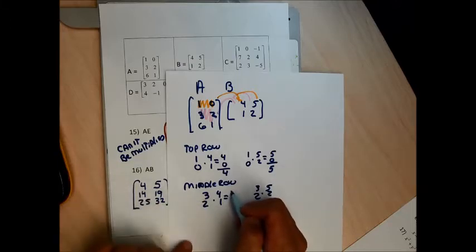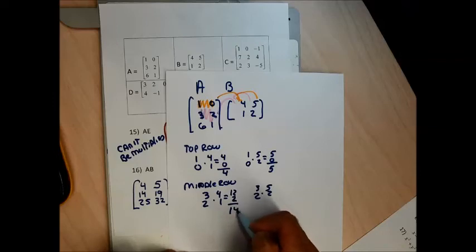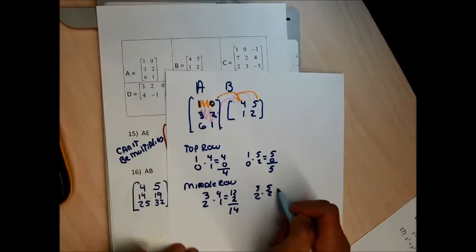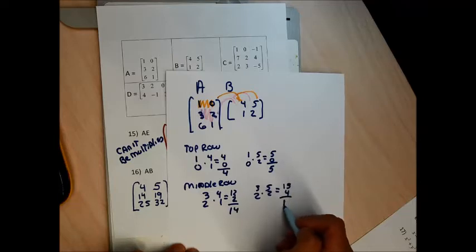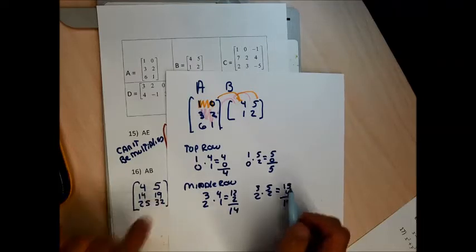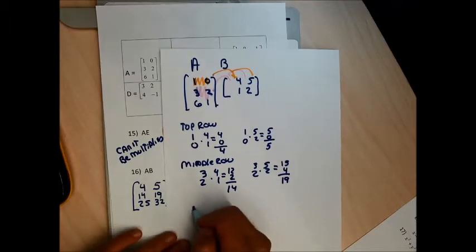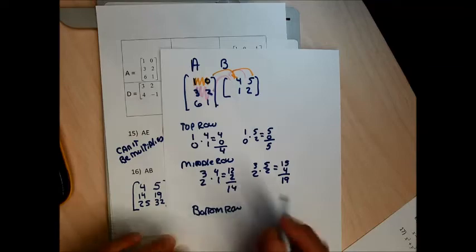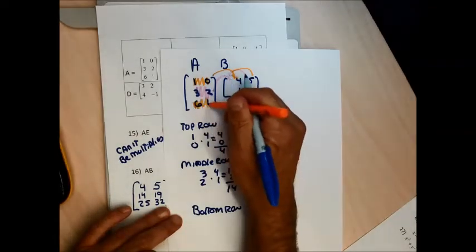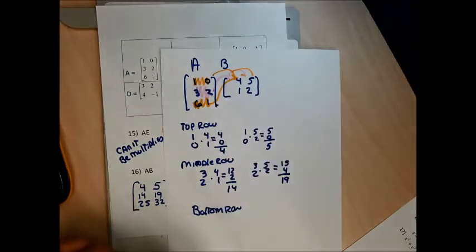3 times 4 is 12. 2 times 1 is 2. 12 plus 2 is 14. 3 times 5 is 15. 2 times 2 is 4. 15 plus 4 is 19. Now I'll move on to the bottom row of my answer by taking this 6, 1 and turning it into the 4, 1 and the 5, 2.